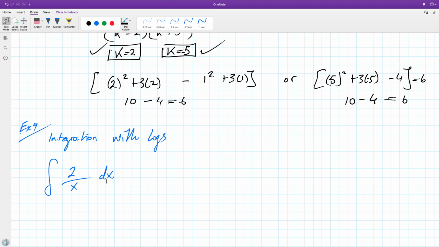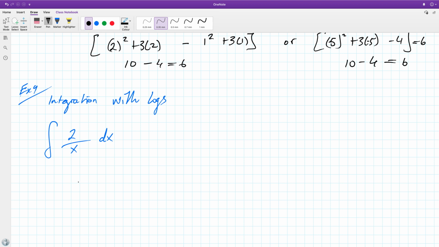Using the rule on 26. So, very, very simple. Left with x in the bottom line.